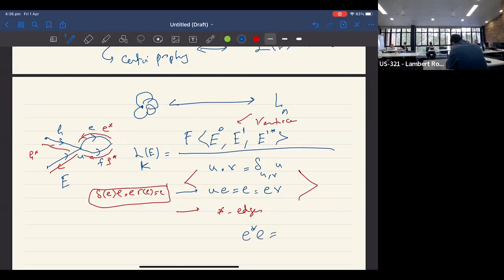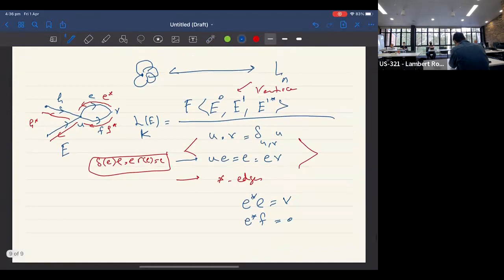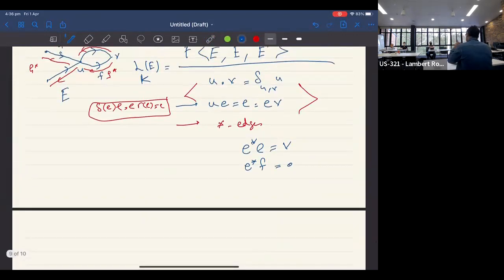So maybe I call it V. So you go along E star and come back, then V, nothing happens. So if you do E star and anything else, you get 0. So you are not allowed to come back along any other edges. You have to come back along the E if you are traveling along E star. So if E and F are different, then it's 0.